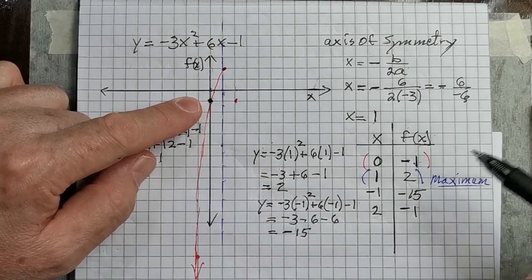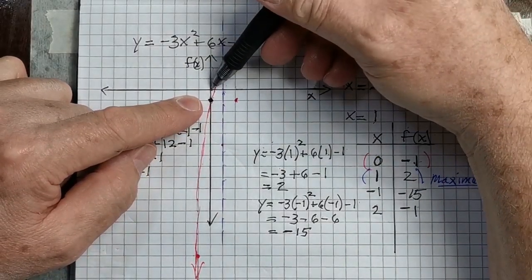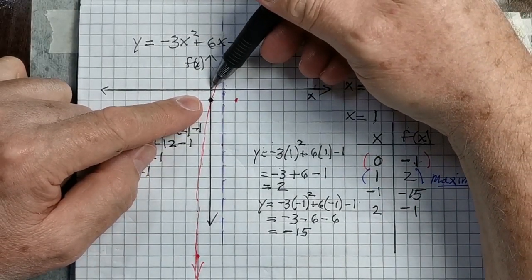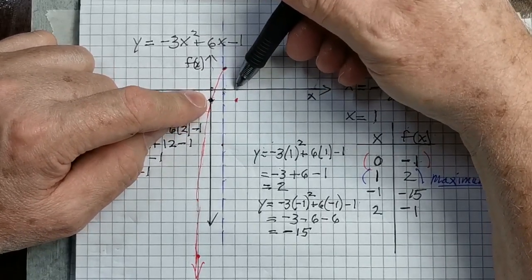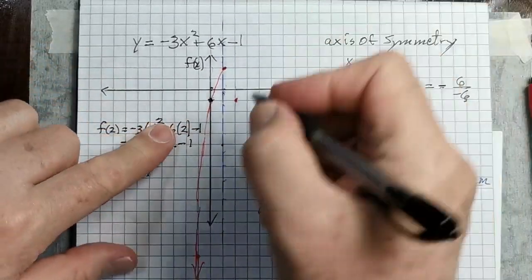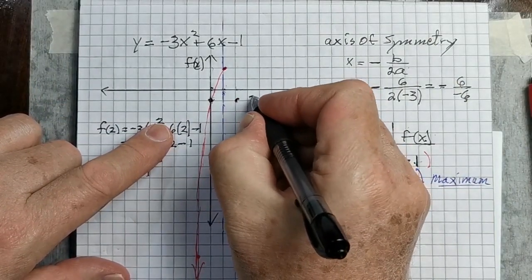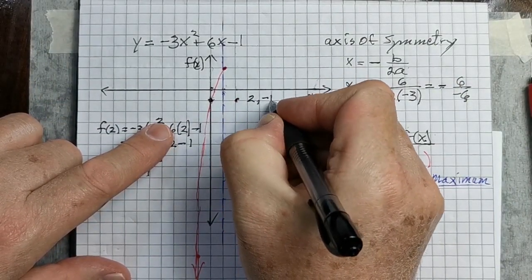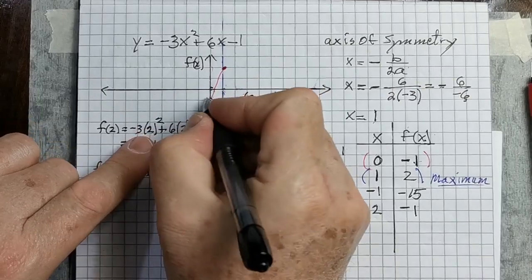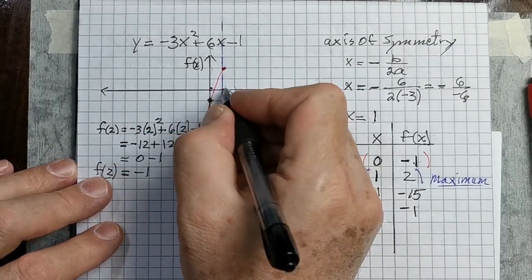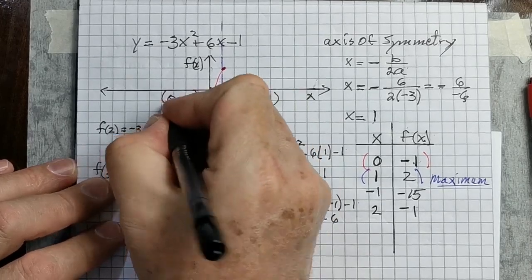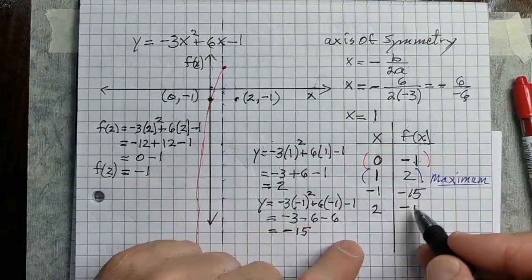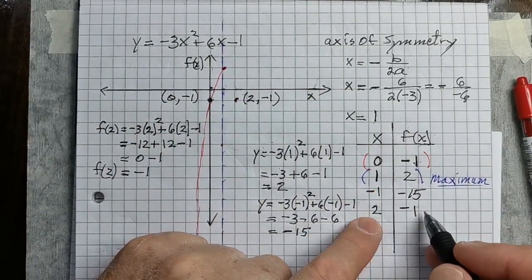And we do. Notice this was 1 unit to the left, which was 0, negative 1. 1 unit to the right is 2, negative 1. So right here. So this is 2, comma, negative 1. And this point over here is 0, comma, negative 1. Okay, 0, negative 1, 2, negative 1.